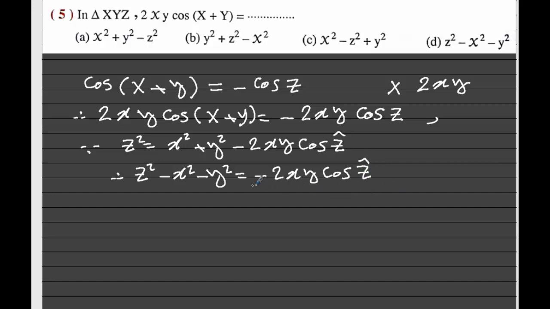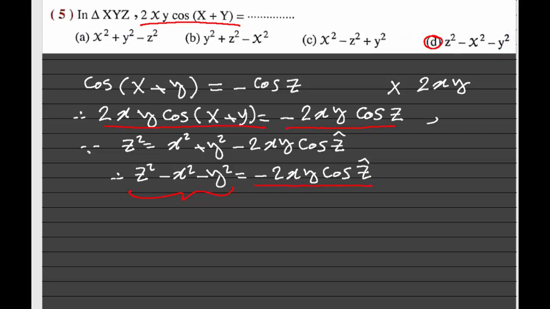So the answer will be letter D, because 2xy cosine (x plus y), which is required here, equals negative 2xy cosine z, and negative 2xy cosine z, we proved that it is equal to z square minus x square minus y square, and this result is in letter D.